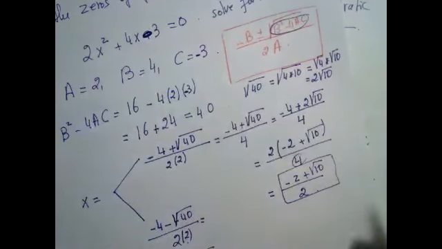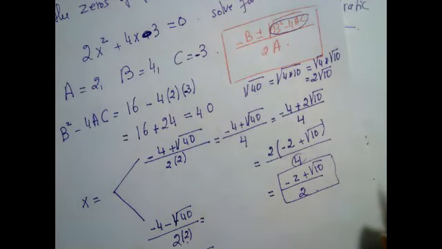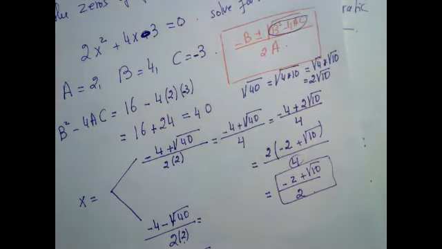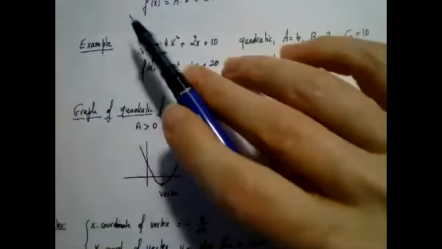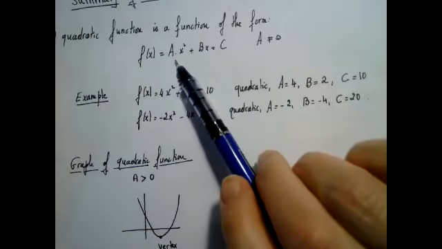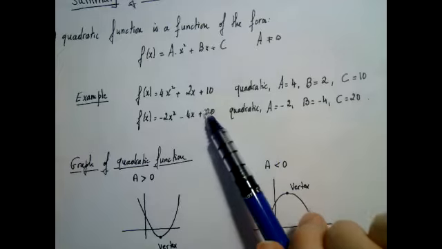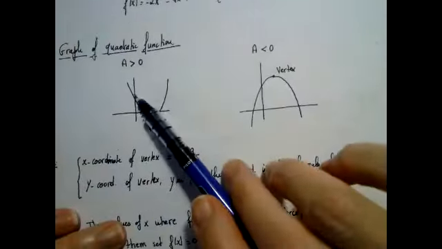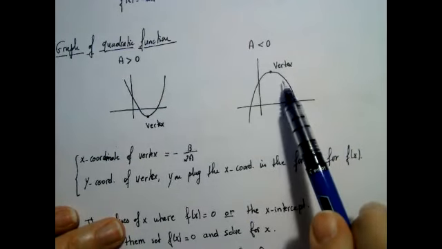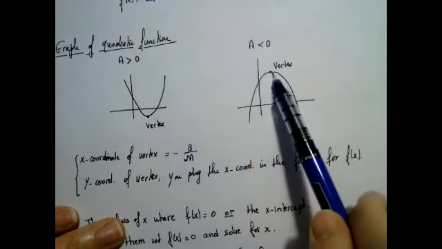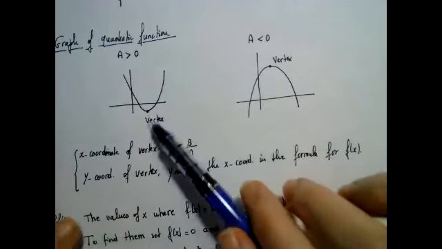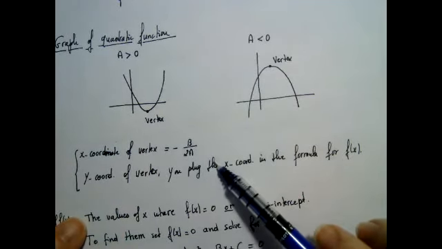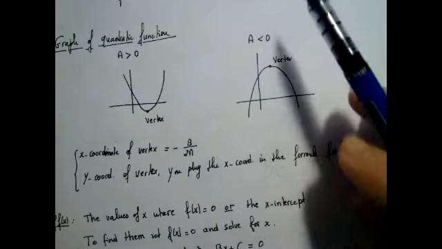So, a summary of this whole section, this whole chapter, is the following. We're going to spend 1 minute summarizing. Quadratic functions are functions of this form. Their graph depends on whether A is positive or A is negative. A positive, we get that; A negative is concave down. The coordinates of the vertex are given by this formula, minus B over 2A.